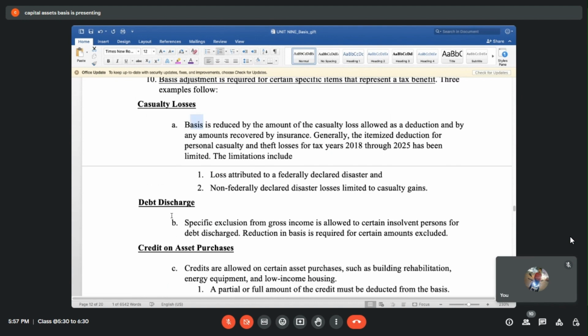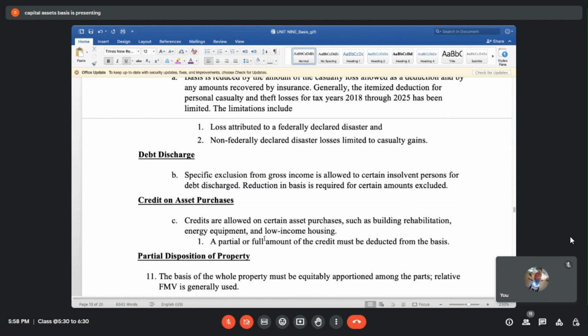Any debt discharge, any kind of debt which you now don't have to pay, like some farmers' debt getting forgiven, or other debts if the economy is going through a different situation. If they're forgiven, there is an exclusion from gross income, for example if the person is applying for insolvency and the court says, you have a total liability of $5 million, since you're insolvent, maybe it gets reduced to $500,000, just pay that off and you're done, and you're declared insolvent or bankrupt.